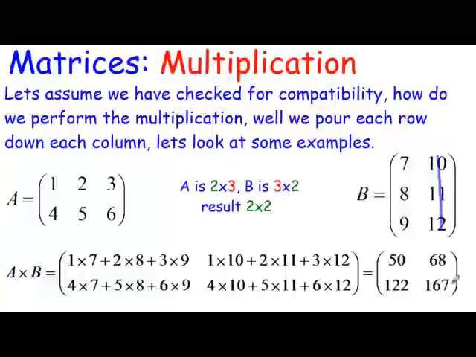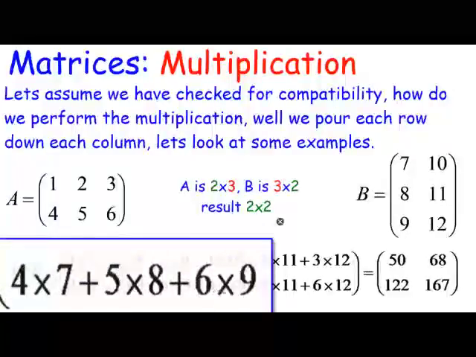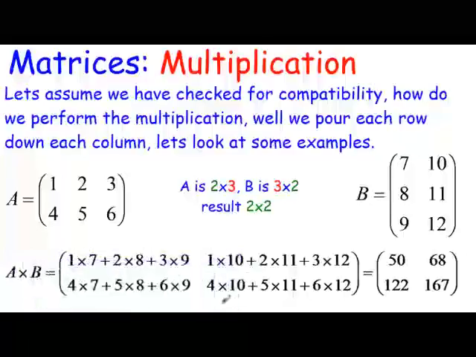It's 4 times 7 is 28, 5 times 8, 5 8s are 40, and 6 times 9. Okay, we add all those up, this is the actual calculation we have to do, and that should add up to 122, right?